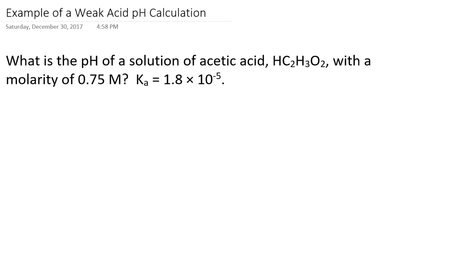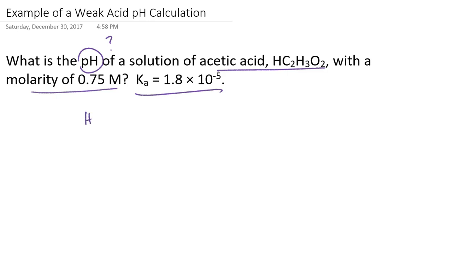I'm told that I have a solution of acetic acid with a concentration of 0.75 molar. I'd like to find the pH, but I'm given the Ka this time, which is 1.8 times 10 to the negative fifth. So a good first step would be to go ahead and write out my equation that shows the partial dissociation of the acetic acid.